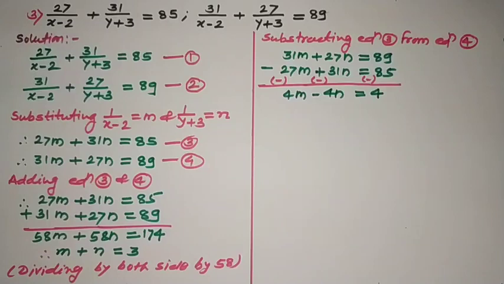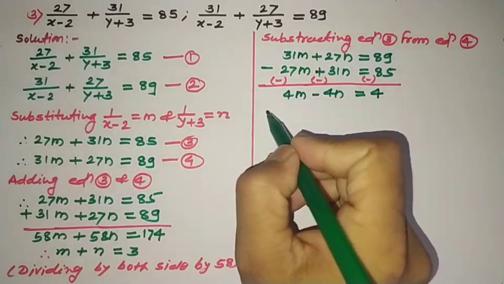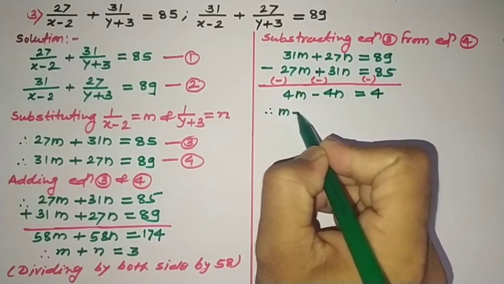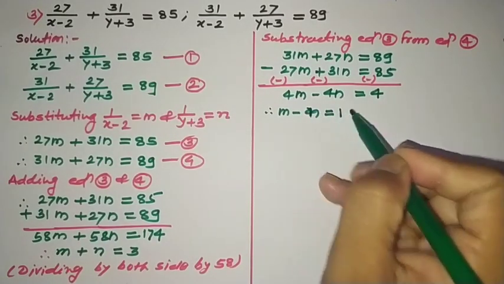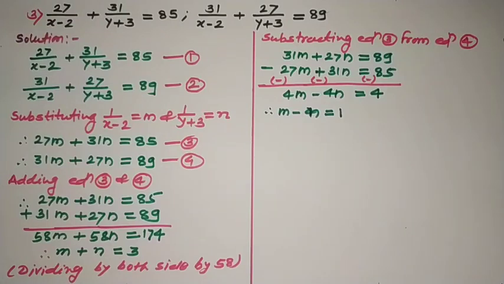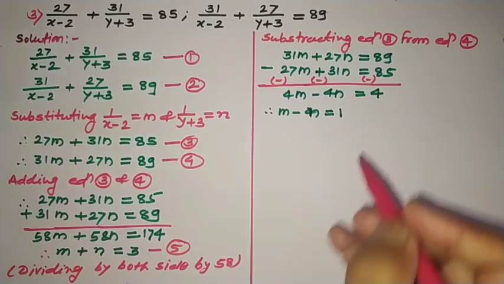Here dividing both sides by 4, and therefore m minus n is equal to 1. Here this equation is the fifth equation, and this is the sixth equation.